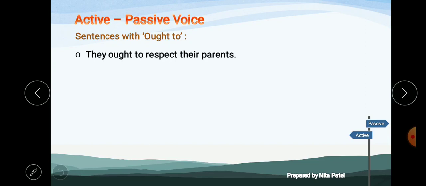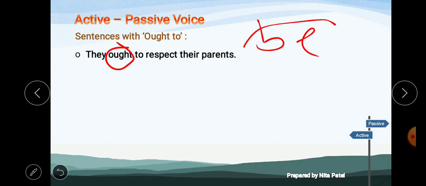Okay, let's understand it with an example. They ought to respect their parents. One thing we have to focus on here, we don't have to think about other auxiliary verbs or to be verbs. Only one thing would be there, be. The same thing was there in the infinitives, where we used be as our to be form.